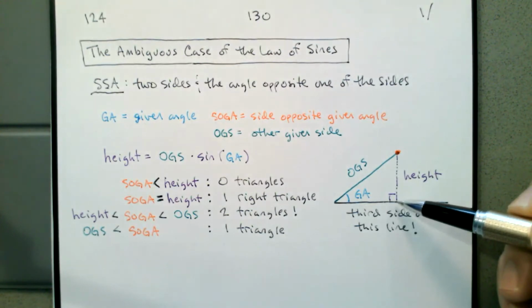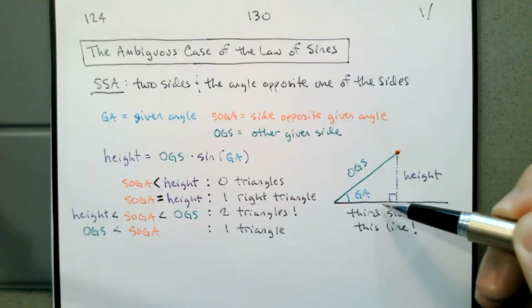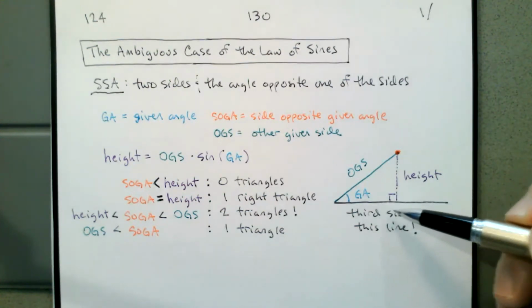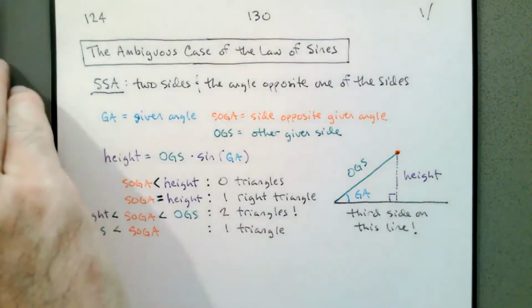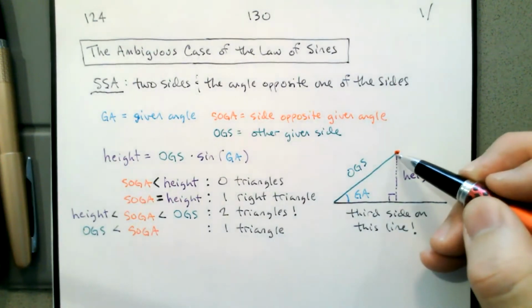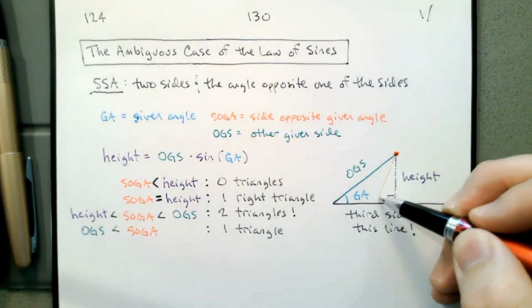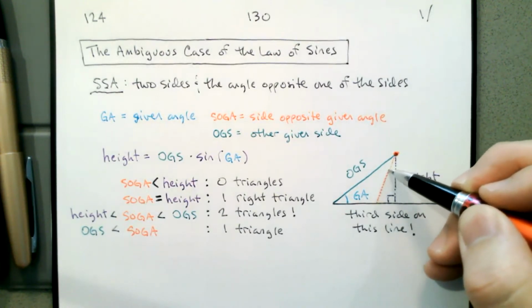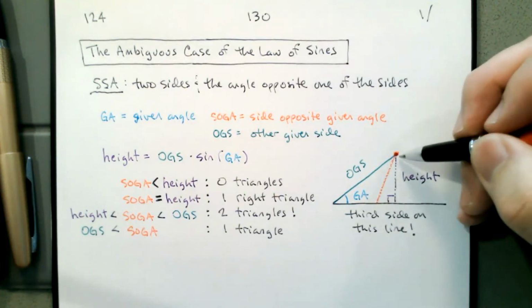Then if the side opposite the given angle is a little bit bigger than the height, we can swing the side opposite the given angle to make 2 triangles. So that is the one that I want drawn in here, the 2 triangles. And then we can have the same length on the other side.